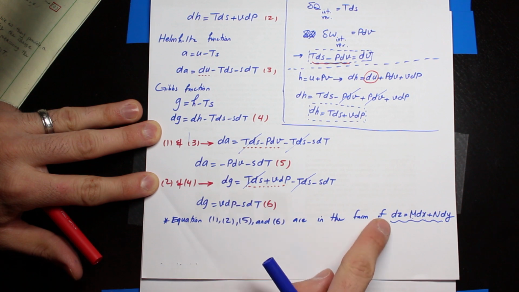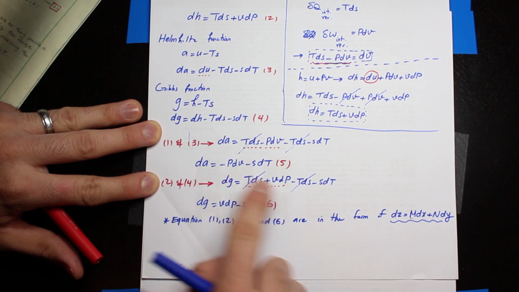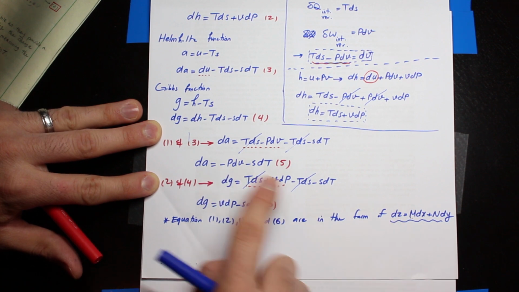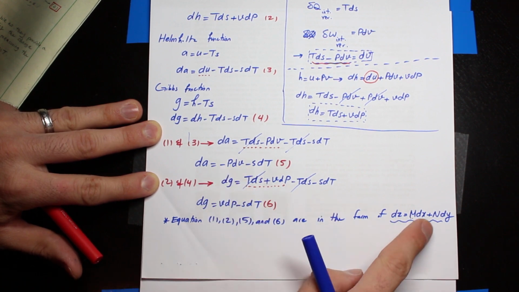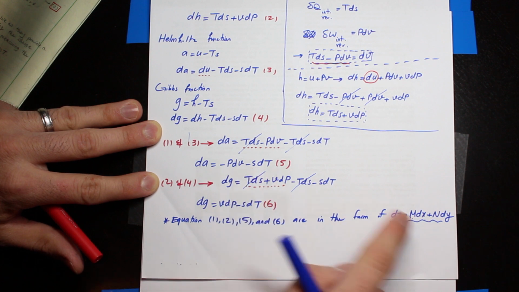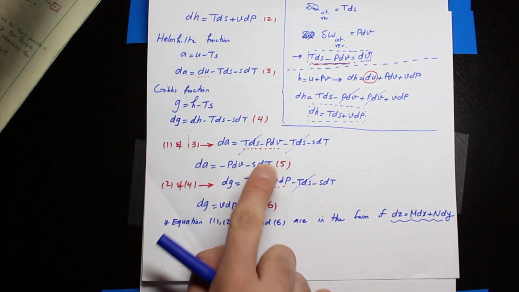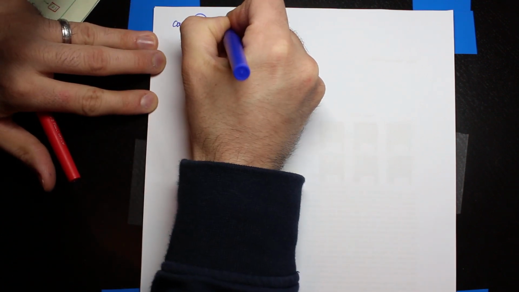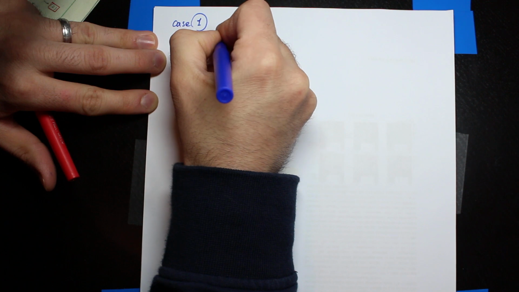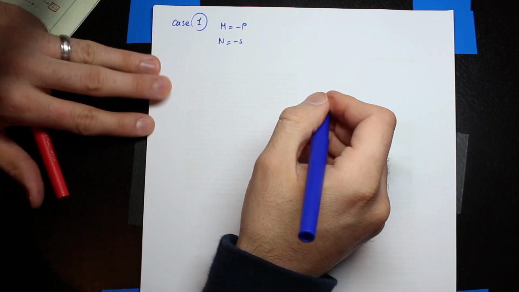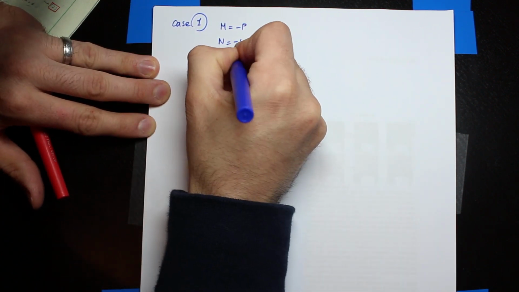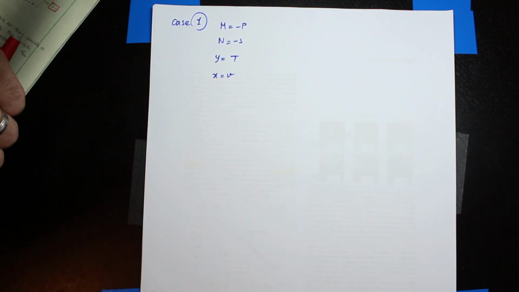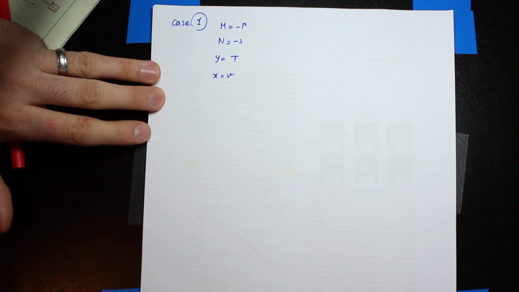In that equation, z is A, capital M is negative P, x is V, specific volume, N is negative S, and y is T, temperature. So in case 1, M is negative P, N is negative S, Y is temperature T, and X is specific volume. Okay, so that is one case.